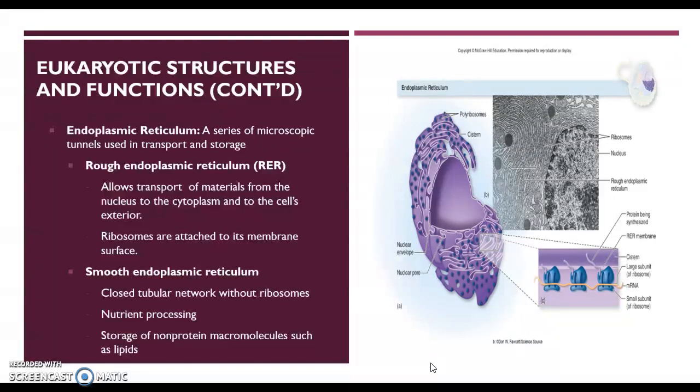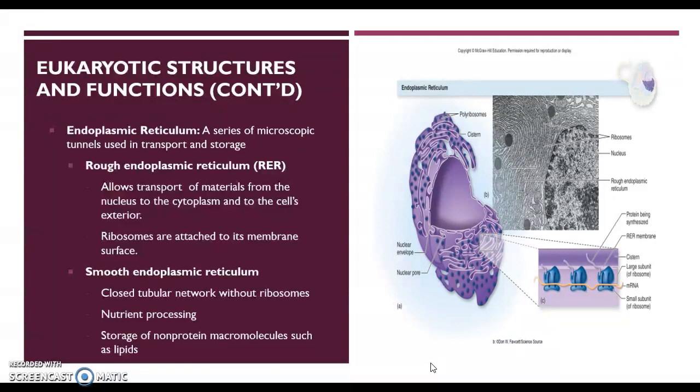So there are two forms of endoplasmic reticulum. We have the rough and the smooth. And the rough ER is primarily for storage and transport of proteins. It is called rough because externally it is covered in ribosomes, and those ribosomes make it appear very rough or bumpy.